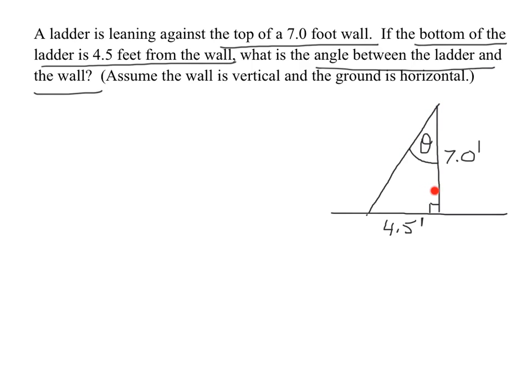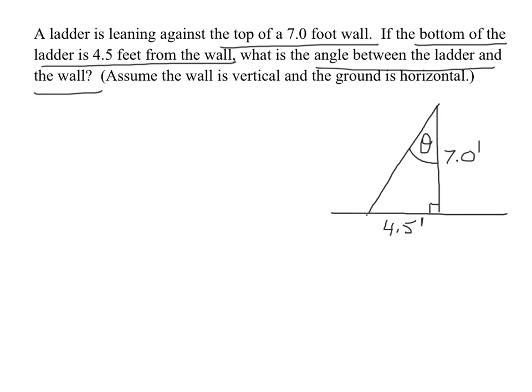Since this is a right triangle, I don't have to use the law of sines and cosines, which we use for oblique triangles. What are the three things we can use in solving parts of a right triangle? The sum of the angles equals 180, the Pythagorean theorem, and any trig function.